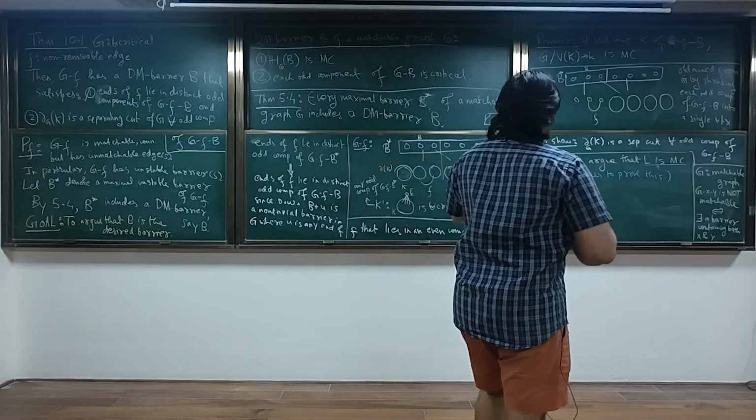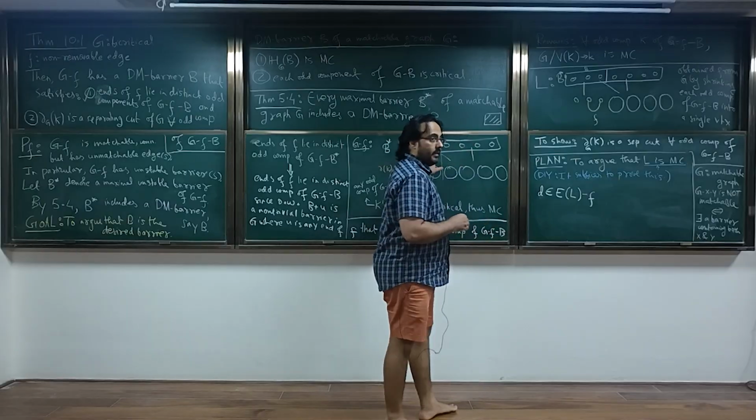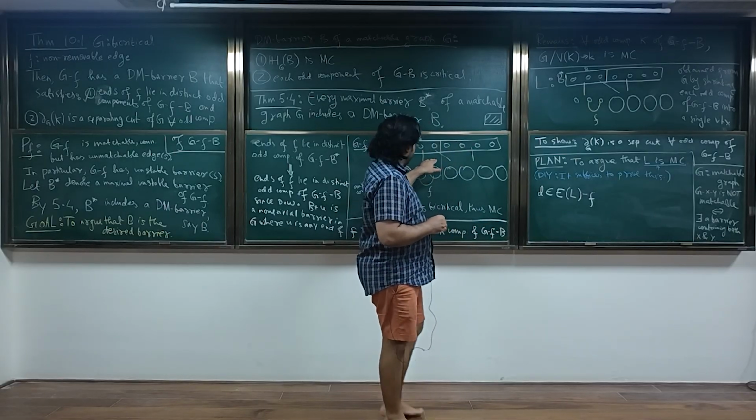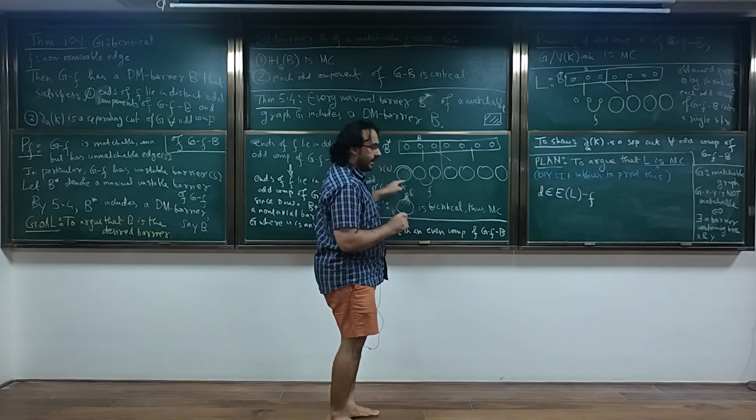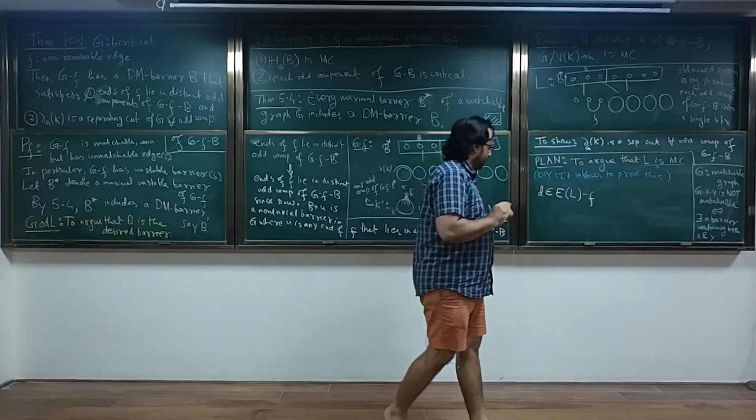I would like to convince you that there is a perfect matching in the original graph that contains D and that meets all of these cuts in exactly one edge. If we can do that, we are done.